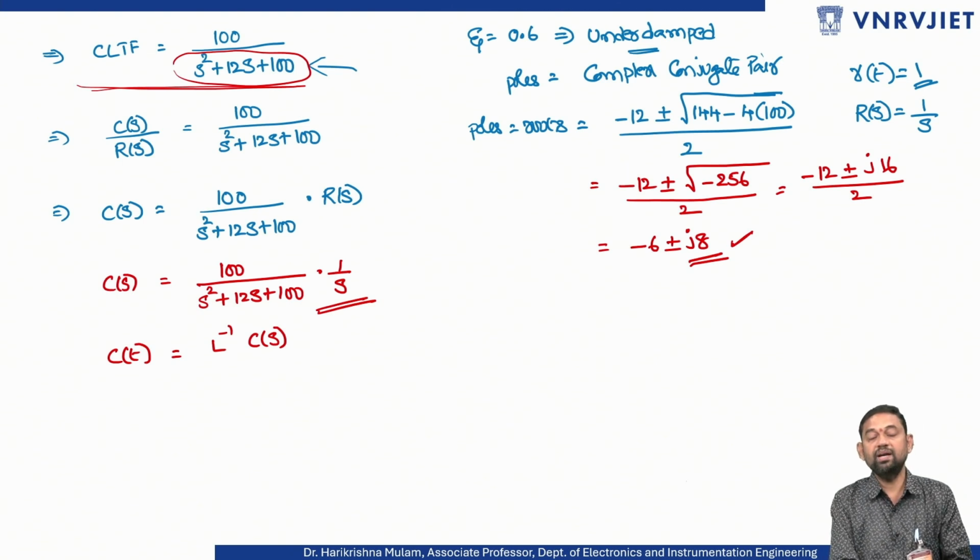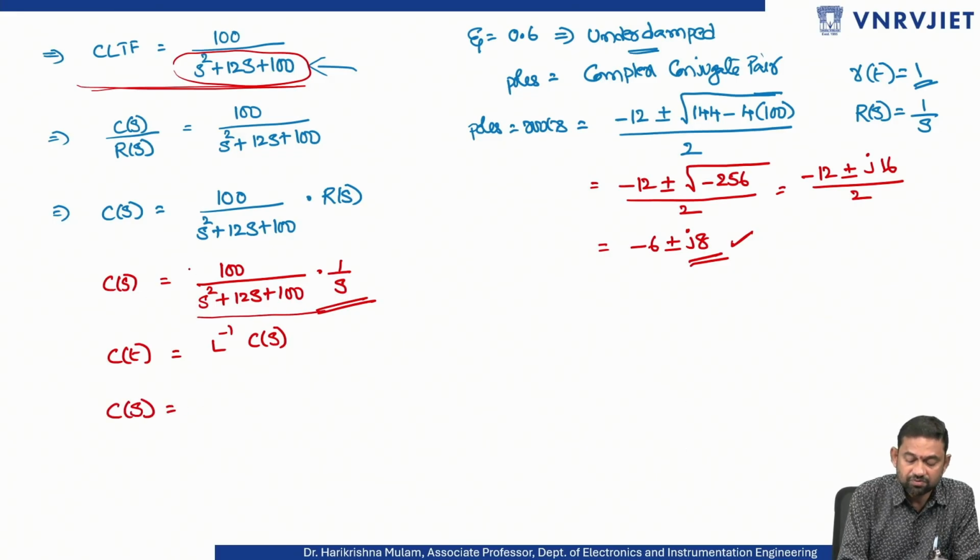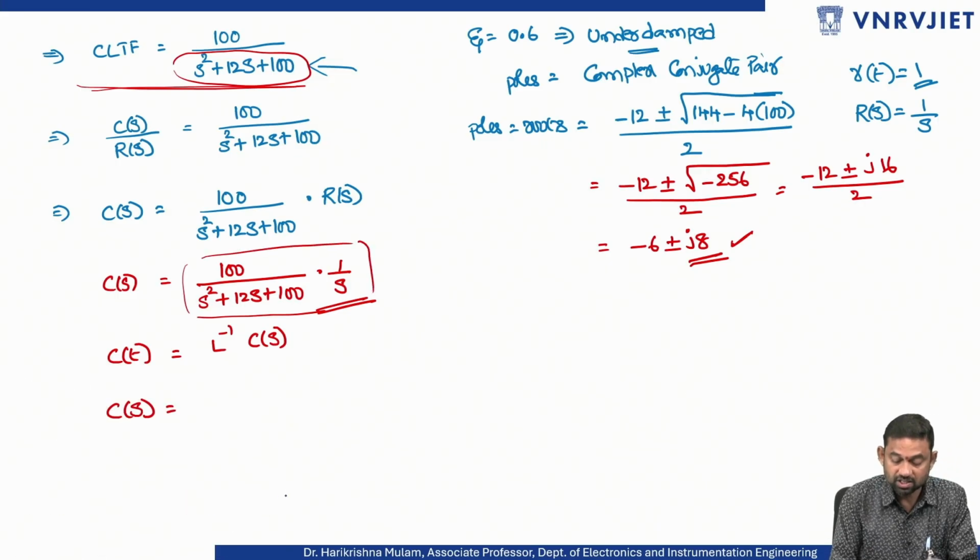Therefore, before finding the inverse Laplace transform of the expression, you need to get the partial fractions of this expression. Therefore, c of s is equal to, you need to write the partial fractions for this expression. How to write the partial fractions for this expression?